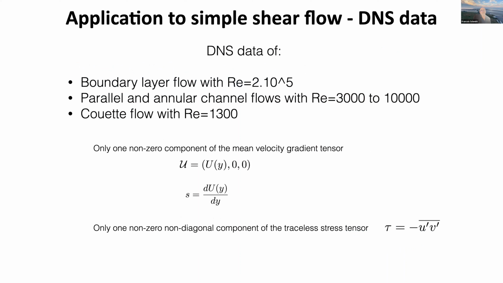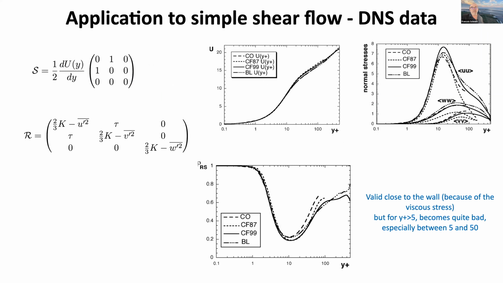First, I applied it to some simpler shear flows, so some boundary layer flow, annular or parallel channel flows, and also Couette flows. For these, we have only one non-zero component of the mean velocity gradient tensor, and only one non-zero off-diagonal component of the stress tensor.